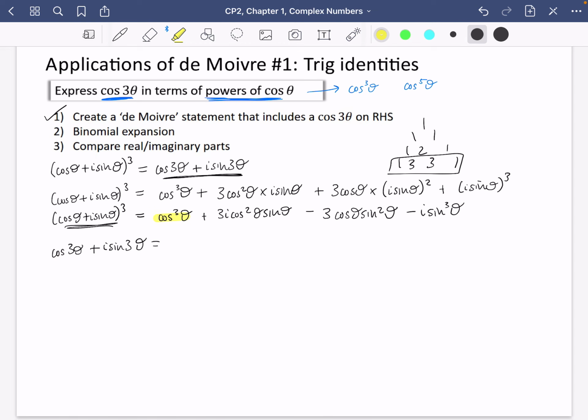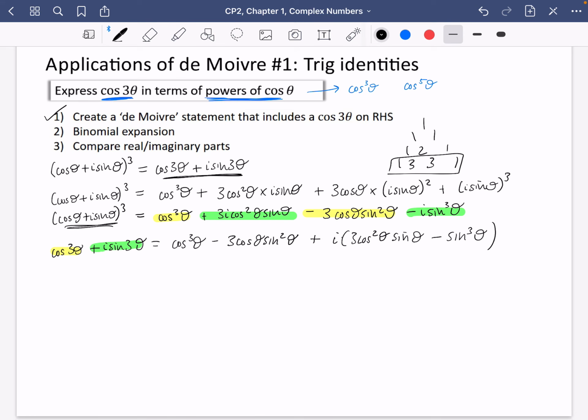So the real parts are this, and the imaginary parts are this and this. This is going to be for the imaginary, and this is going to be for the real part. So I'm going to get cos cubed theta minus 3 cos theta sine squared theta plus i (3 cos squared theta sine theta minus sine cubed theta).